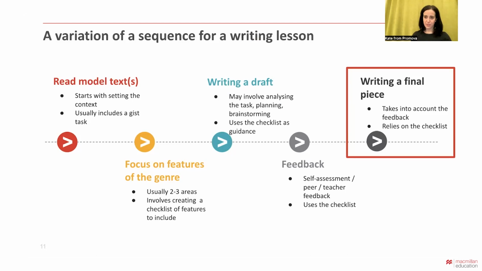And very often students are more willing to produce a final piece of writing in which they work on the things they have identified themselves or their peers have helped them with, especially if they know that this final production will then be followed by some feedback from the teacher.